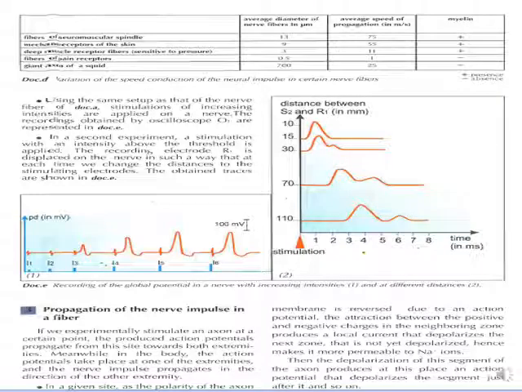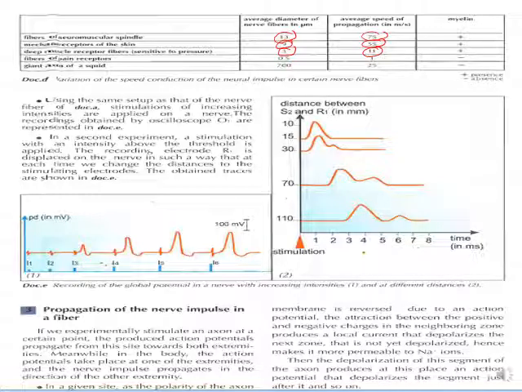Here we have the variation of the speed of conduction of the neural impulse in certain nerves. If the average diameter is 13, for example, the average speed is 75. When it decreases to 9, the speed decreases to 55 meters per second. When it decreases to 3 micrometers, in the deep muscle receptor fibers which are sensitive to pressure, the speed decreases to 11 meters per second.